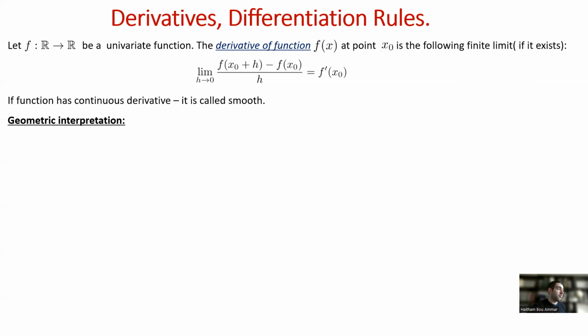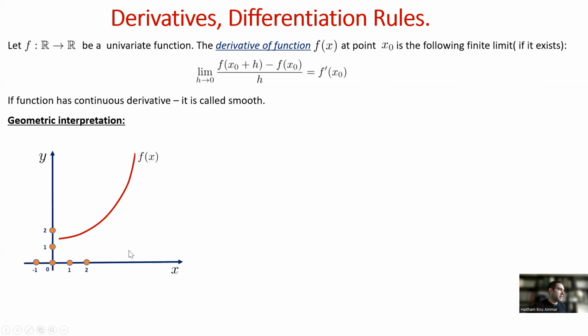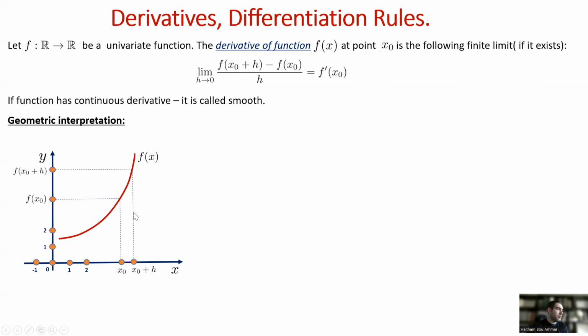Now, let's speak about the geometric interpretation. So what is this limit? In order to see that, let's consider some univariate function. On this xy plane, we consider the function f of x, and let's assume that we want to compute the derivative at the point x0. At point x0, it has the value f of x0.